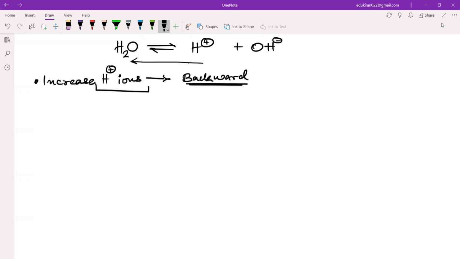I did not do anything with the OH negative ions. So while going backward, OH negative ions will also get consumed. Yes or no? Tell me. OH negative ions will also get consumed because the reaction is going backward. No or yes?